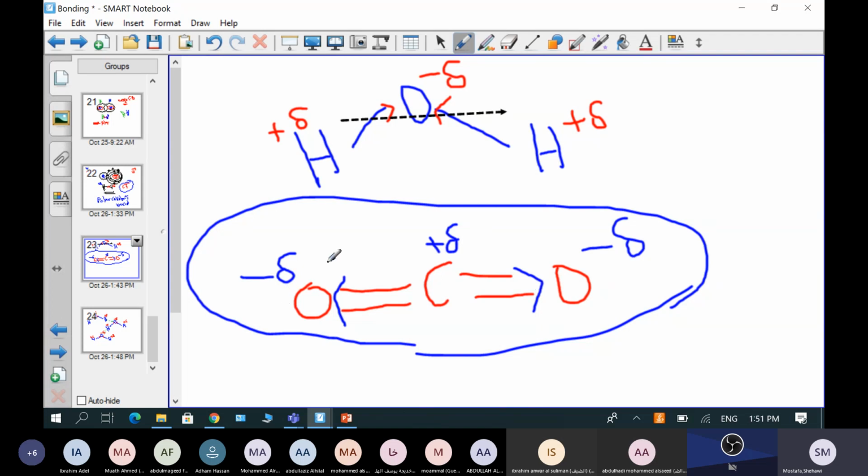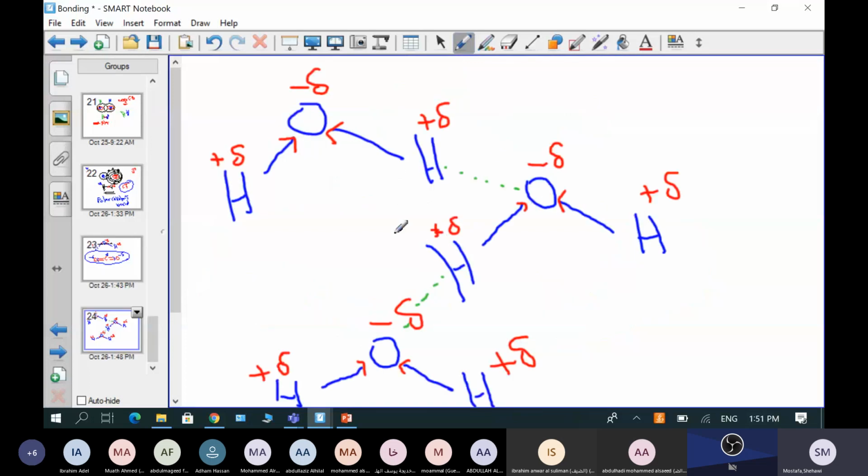Subhanallah, Allah subhanahu wa ta'ala created water with a bent shape. This bent shape makes the whole compound polar, and this creates a hydrogen bond between the molecules of water, which makes water liquid at room temperature and raises the boiling point, which is 100 Celsius for water.